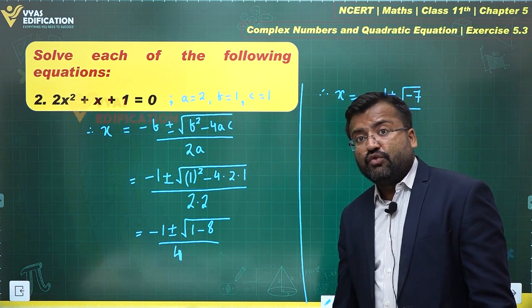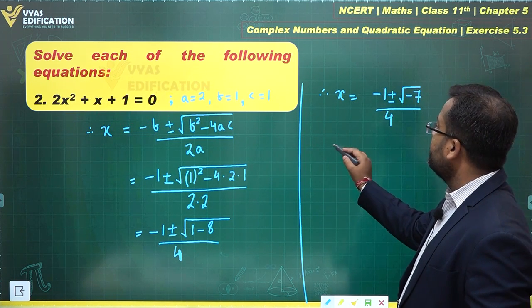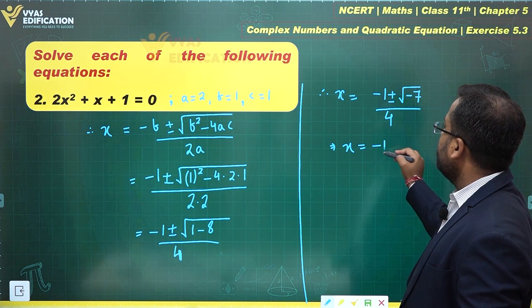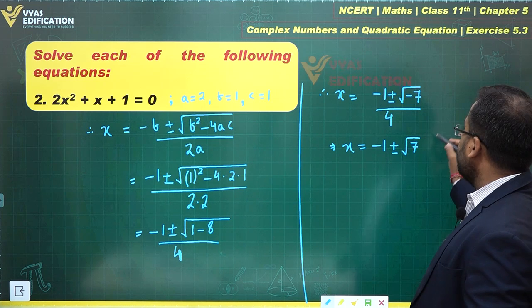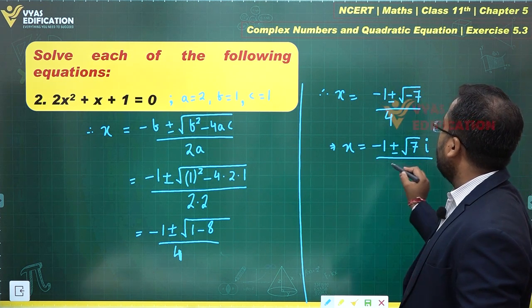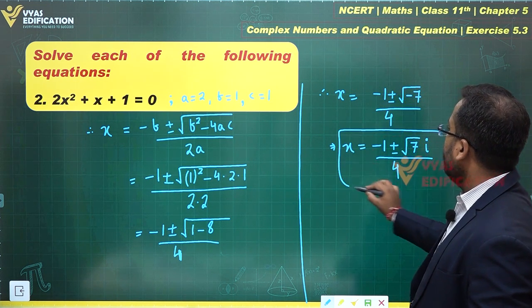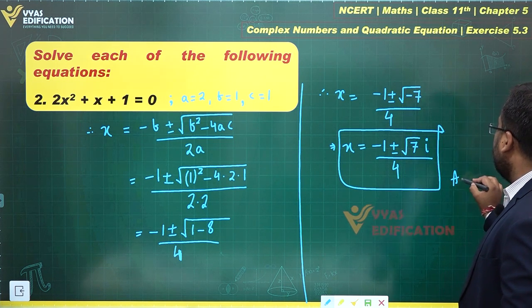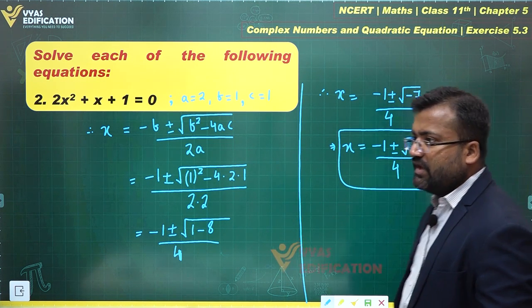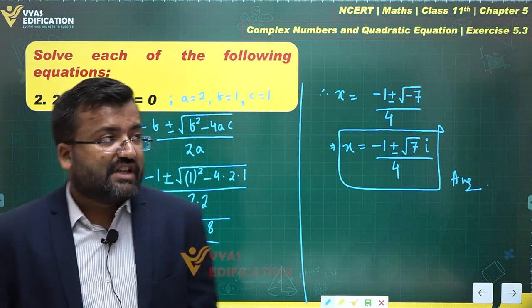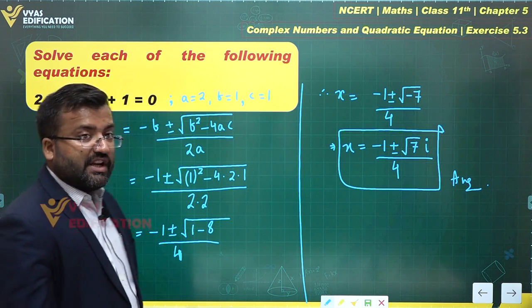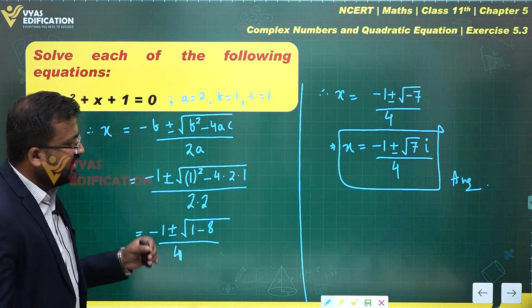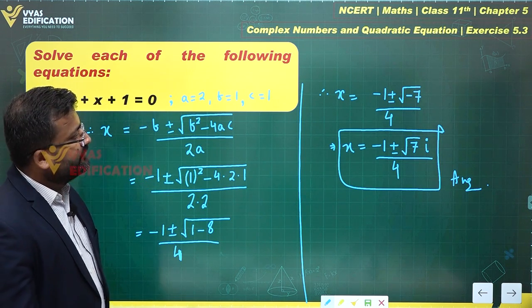Now, what happens to root of minus 7? You can also write it as minus 1 plus minus root 7 root minus 1, which is actually i, upon 4. And yes, this is my answer for this question: minus 1 plus minus root 7 i upon 4. That is the final answer for this question, as you can clearly observe using the Sridharacharya formula over here. Right?